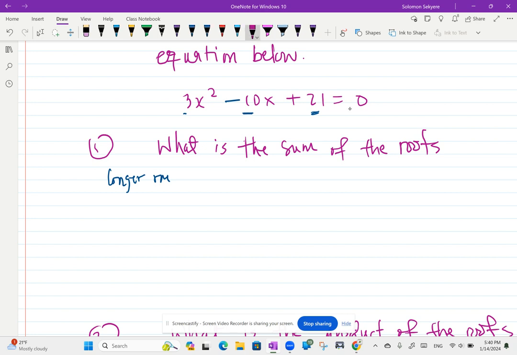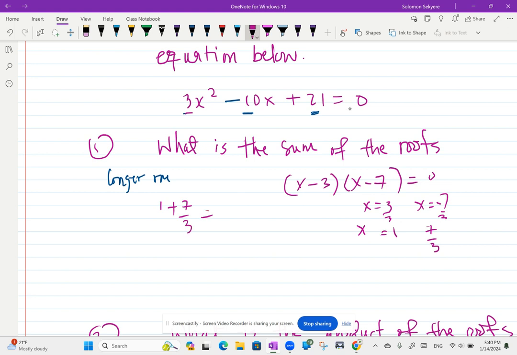If you factor, you get x minus 3, x minus 7 equals 0, and x equals 3, x equals 7, but then you have to divide by 3. So the solutions are x equals 1 and x equals 7 over 3. Then you come back and add them: 1 plus 7 over 3, which is 10 over 3, right? That is the longer route.